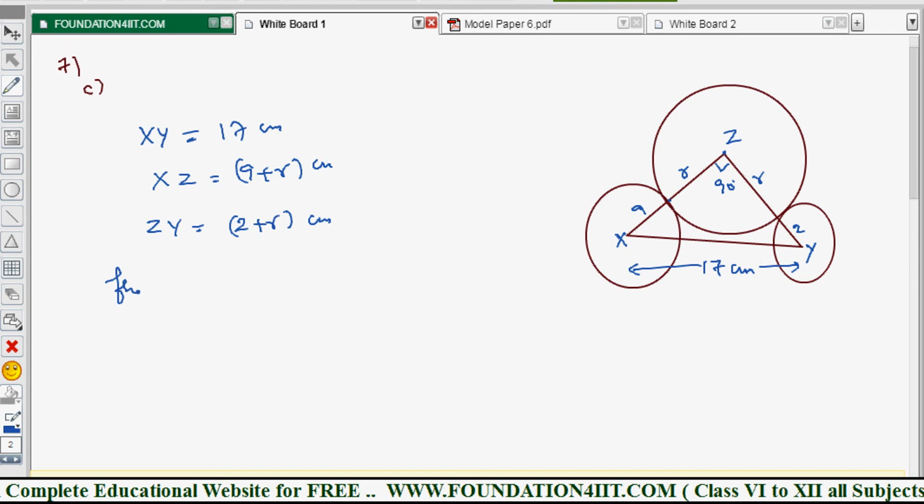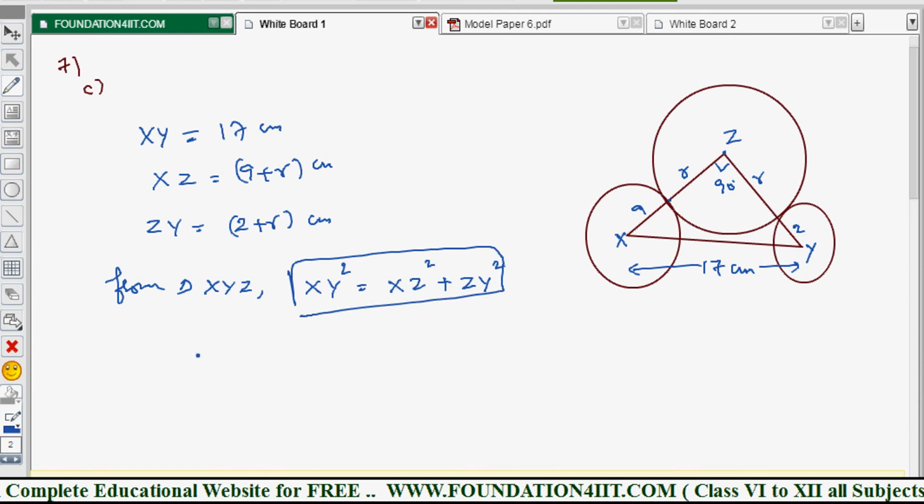From triangle XYZ, by using the Pythagoras theorem, the square of the hypotenuse XY is equal to the sum of the squares of the other two sides, that is XZ square plus ZY square.